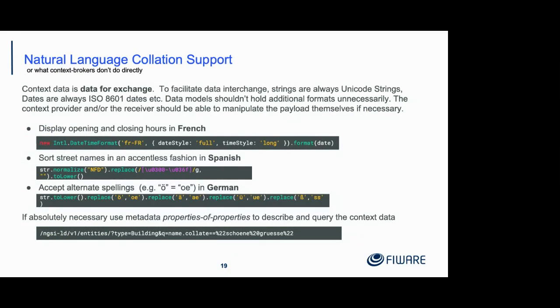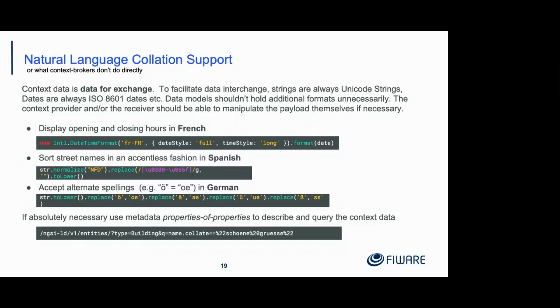Now, one of the first questions I was asked at the FIWARE Bootcamp in Malaga a year and a half ago was, what can we do about getting my street names into alphabetical order?